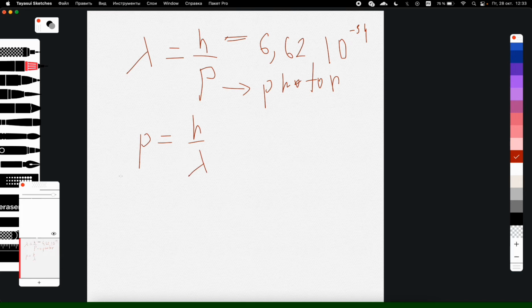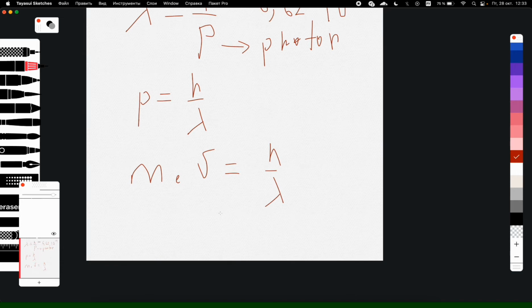Okay, let us equate the right parts of the formulas. Mass of the electron multiplied by speed is equal to h divided by lambda. And we can calculate this.